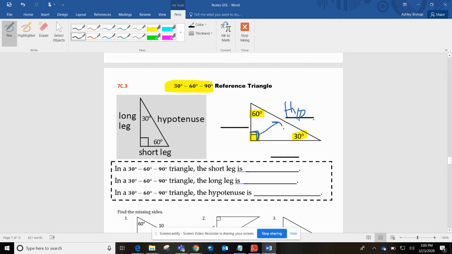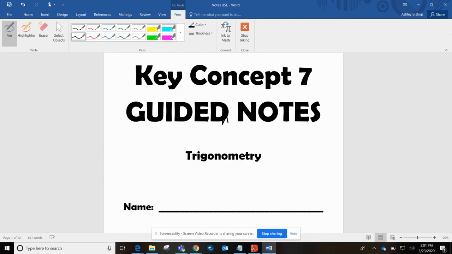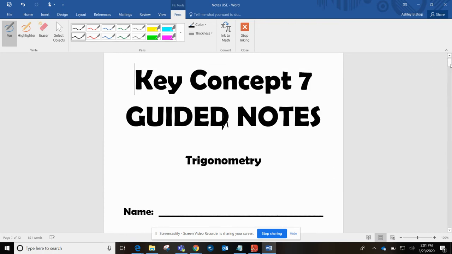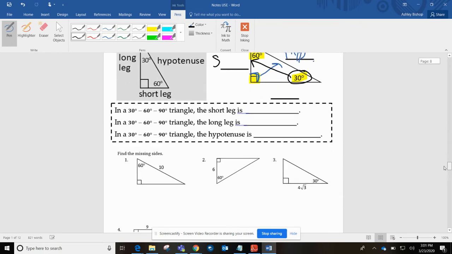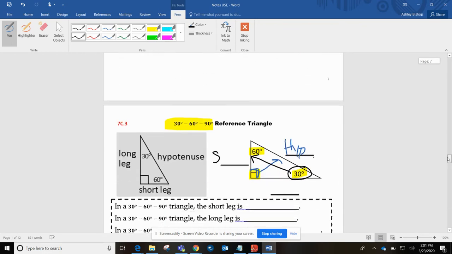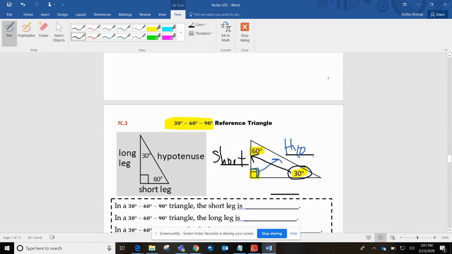Notice that any side across from your 30-degree angle, so here's my 30-degree angle, the side across from that is going to be my short side. Any side across from your 30-degree angle is going to be your short side, because 30 is the smaller number between 30 and 60.